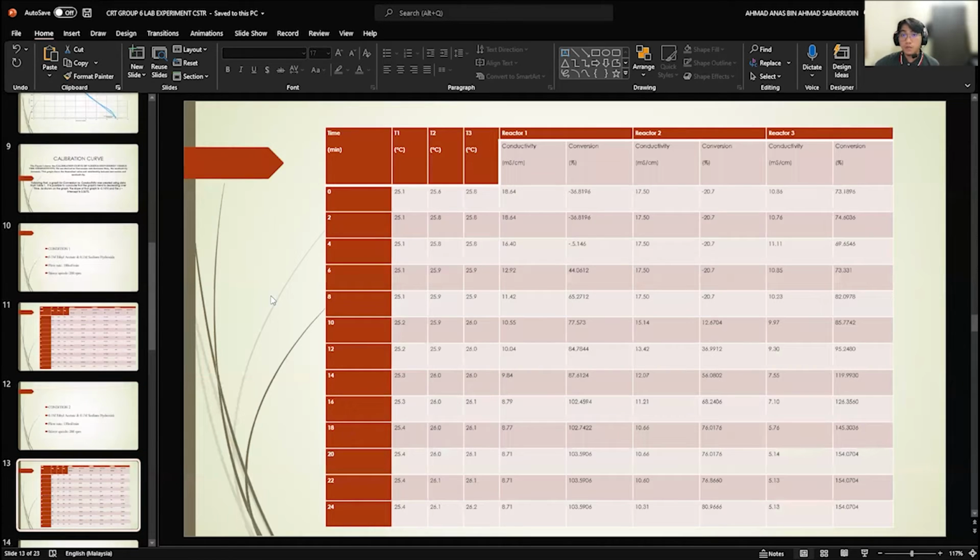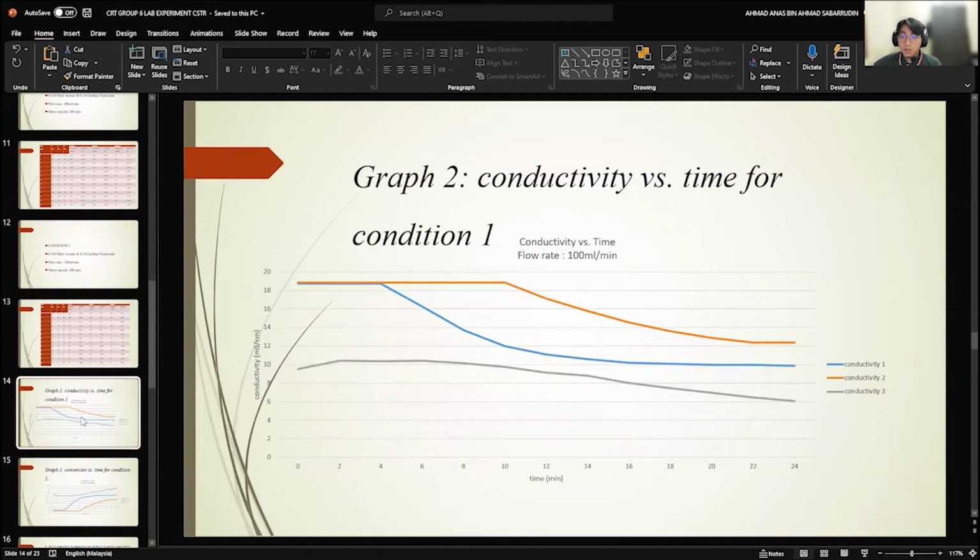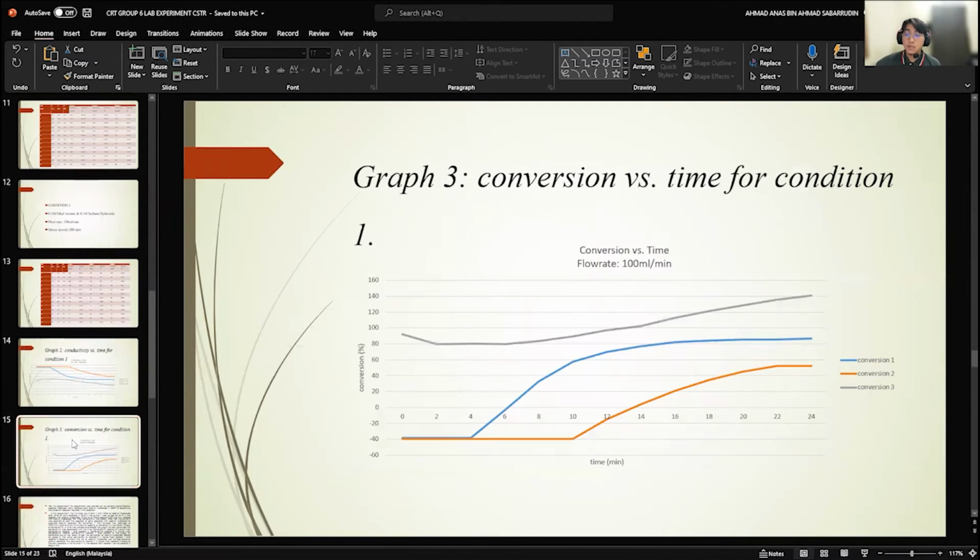This is the result that we got. Next are the graphs. Graph 2 is the conductivity versus time for condition 1, and this is graph 3, conversion versus time for condition 1.